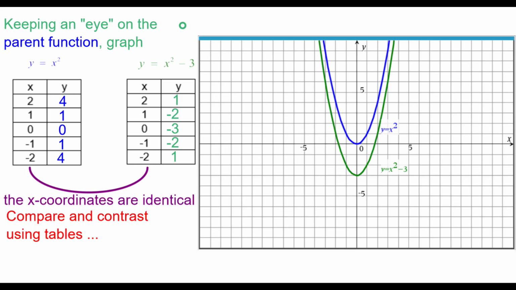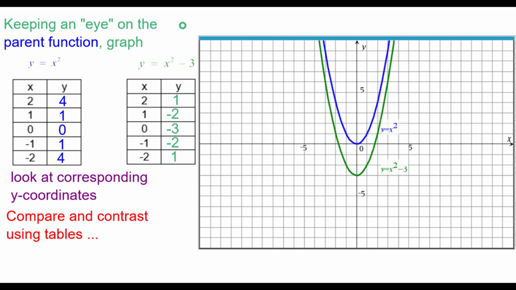Well, it turns out that the x-coordinates are identical, but look at the corresponding y-coordinates there. Press pause until you're finished looking at them. So from 4 to 1 is minus 3, and hey, look at that.